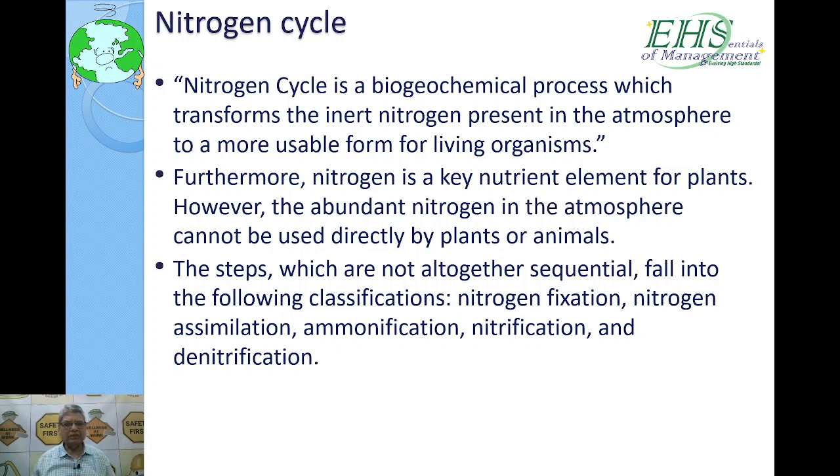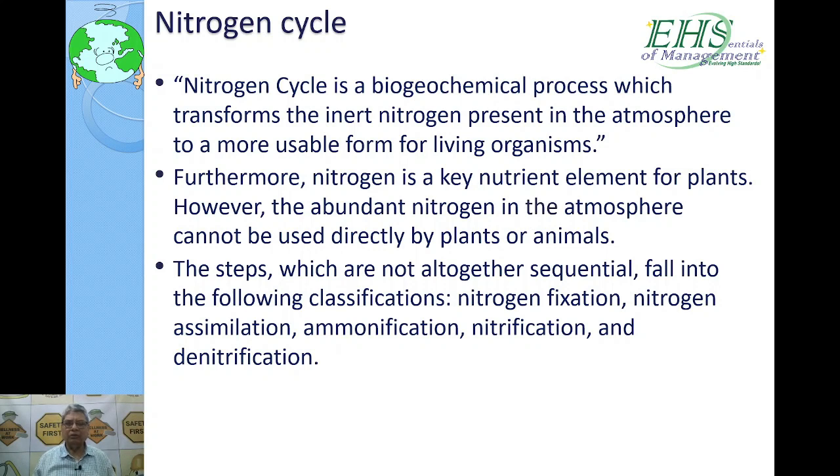So the steps, which are not altogether sequential, fall into the following classification. The processes by which nitrogen becomes useful as a nutrient element for the plants and animals are nitrogen fixation, nitrogen assimilation, ammonification, nitrification and denitrification.